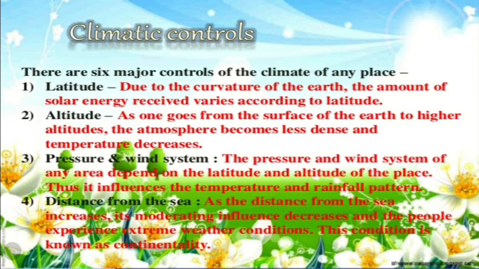Now, the next is altitude. Altitude, in simple words, we can say is the height of any given place. As one goes from the surface of the earth to higher altitudes, the atmosphere becomes less dense and temperature decreases. This is very clear when you imagine that you have travelled to any of the hill stations.